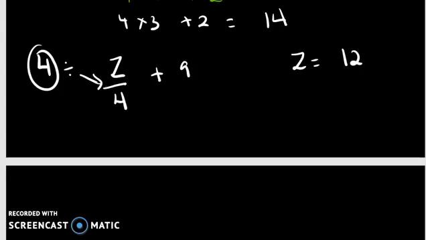We know the value of z is 12, so our expression will be 12 divided by 4 plus 9. 12 divided by 4 is 3. 3 plus 9 is 12. So that will be the value of our expression.